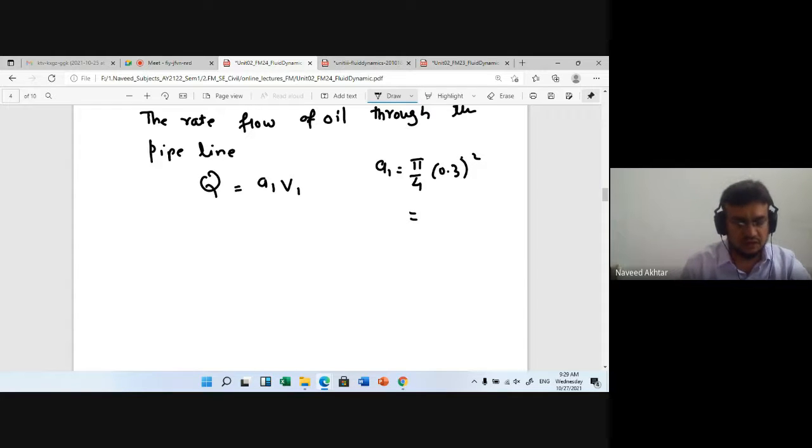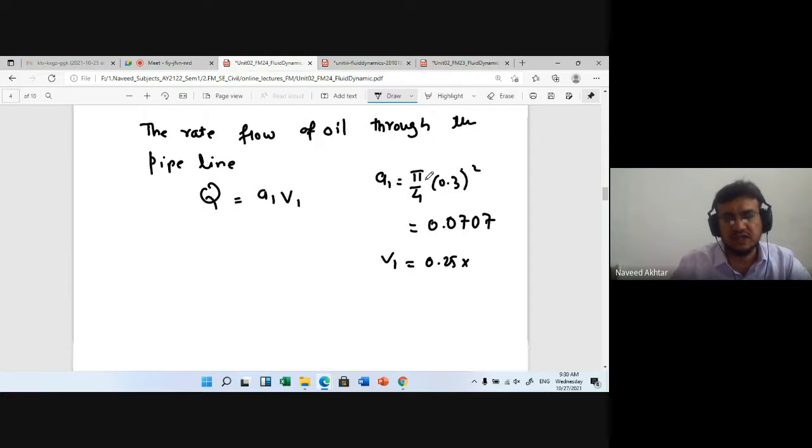So if you solve this, 0.3 square into pi divided by 4, it is coming 0.070 meter square, which is the area. And V1, you know, is 0.25 times of V2.